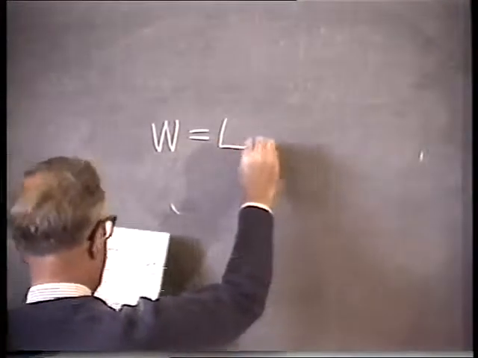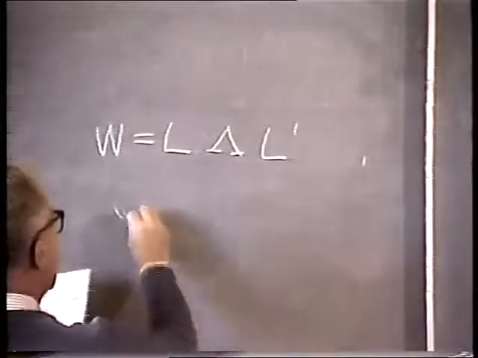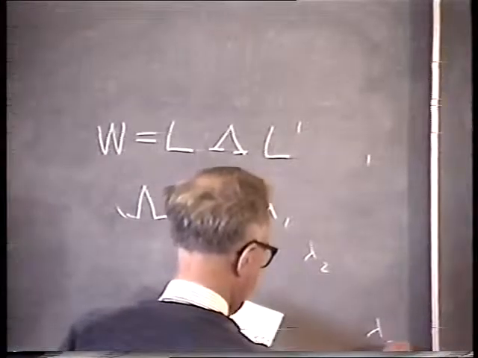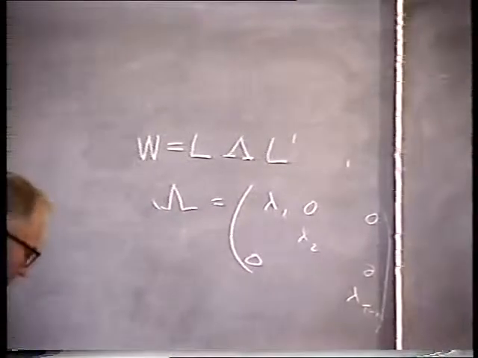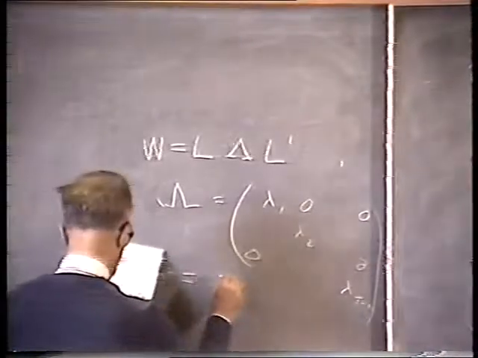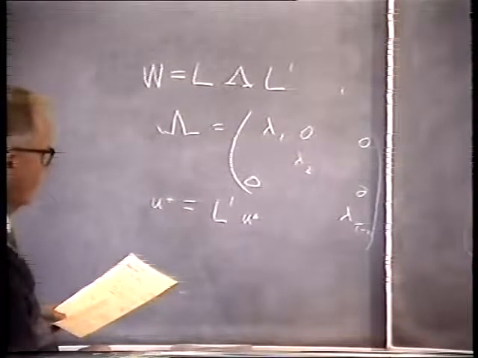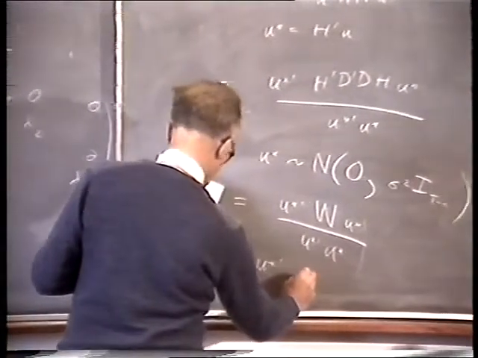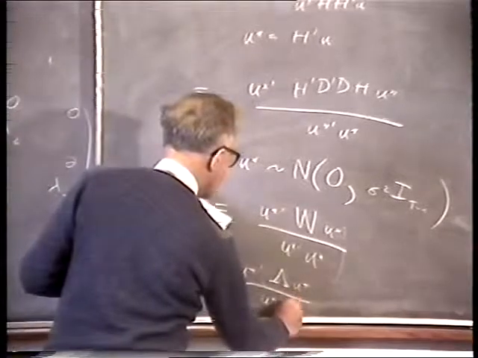And suppose that we can write W is given by L lambda L prime, where L is a square orthogonal matrix, lambda is the diagonal matrix with roots lambda 1 up to lambda T minus N, zeros everywhere else, and introduce U dagger equals L primed U star, and so write this in the form U dagger primed lambda U dagger over U dagger primed U dagger.